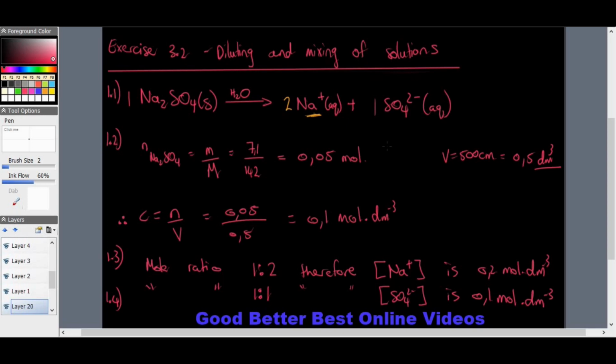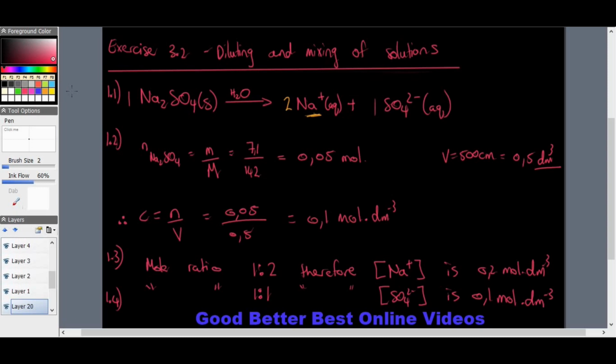And 1.6: if instead of water, 500 cubic centimeters of identical solution of Na2SO4 had been added, what would be the concentration of the sodium plus ions in the new solution? That's 1.5 and 1.6. Can we please do that? I will give you all up until 5:2 to answer that question. 4 minutes.